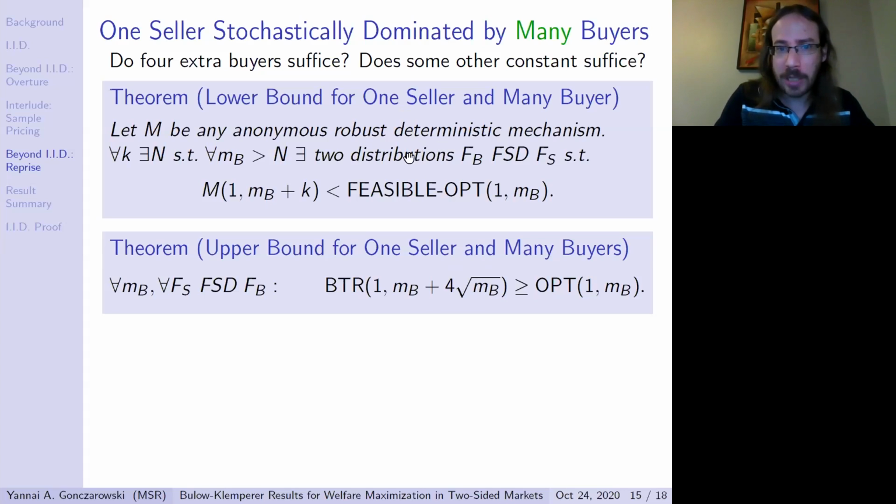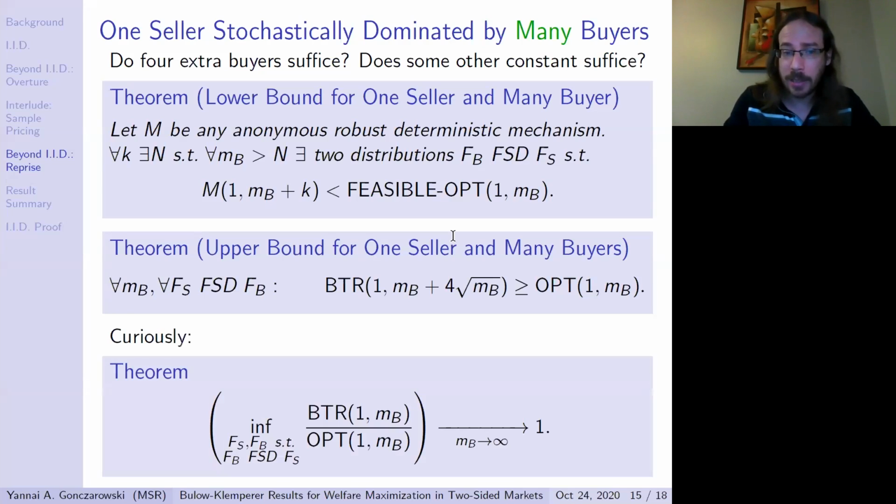But crucially, as we showed here, you can't add a constant. You need to add something that depends on MB. We actually have a tighter lower bound. You'll see it soon. So this may seem like as there are more buyers, it's more challenging to beat opt. You need more buyers. So it may seem like with more and more buyers, BTR deteriorates. But curiously, this is not the case.